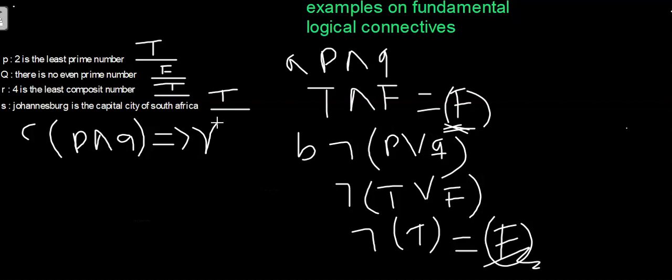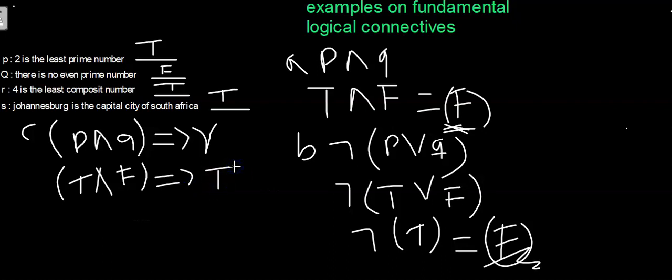But let's just do it. We've got P, which is true, and Q, which is false, and with R, we've got R, which is true.